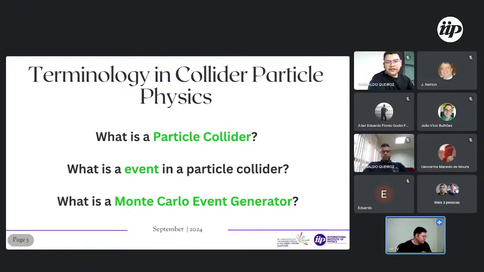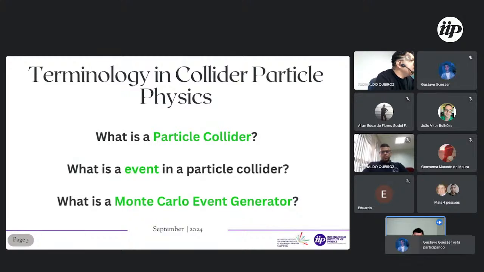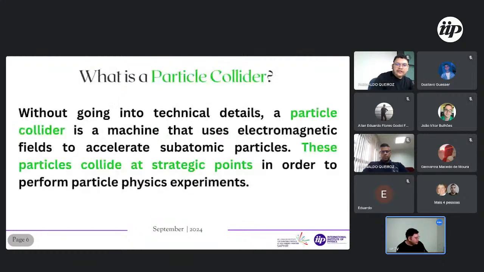The first question is obviously: what is a particle collider? The second question is: what does event mean? That word is important, event in a particle collider. And finally, with those 2 questions, we need to answer the last question: what is a Monte Carlo event generator?